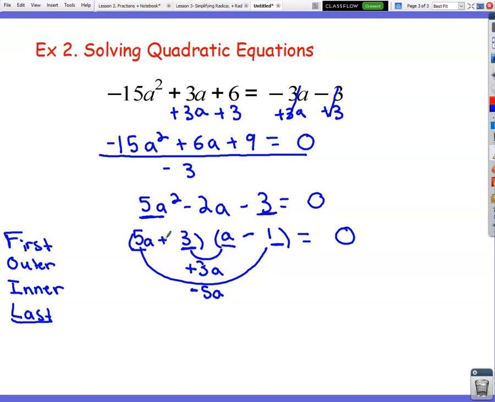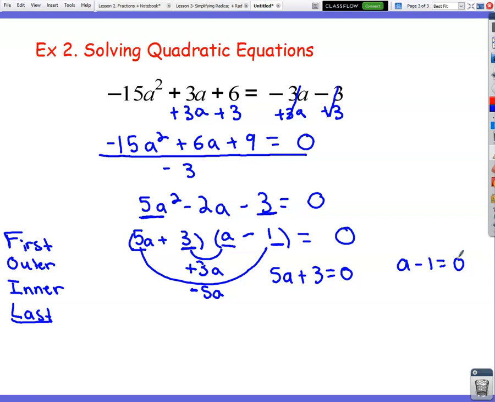After you have factored this, basically what factoring does, if y'all remember from last year, is we found out that these make two lines and they're going to cross on the zeros of this quadratic. So that means that 5a plus 3 equals 0, and whatever the answer is to that is one of your answers, and then a minus 1 equals 0, and whatever the answer is to that is your second zero.